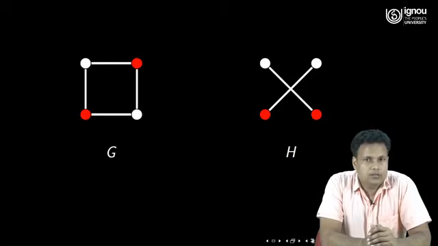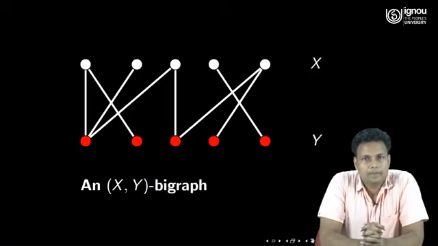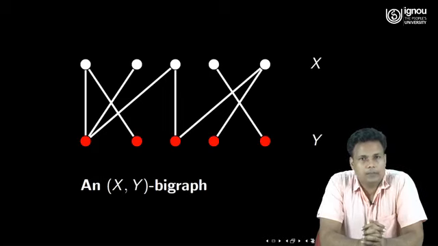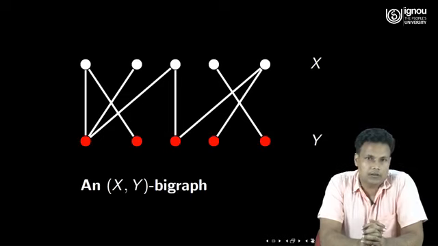Likewise, the graph H is also a bipartite graph. Now look at this graph. You can see that this graph is also bipartite with the partite sets X and Y. Every edge has one endpoint white and another endpoint red. We shall write a bipartite graph with partite sets X and Y as an X,Y-bigraph.